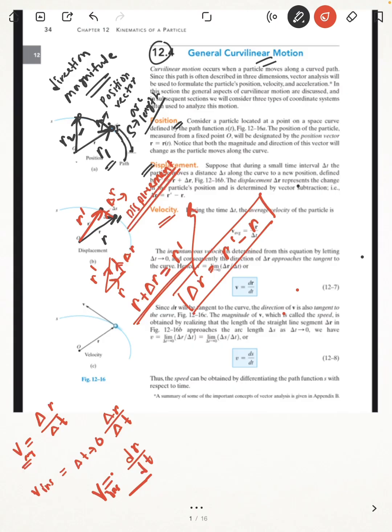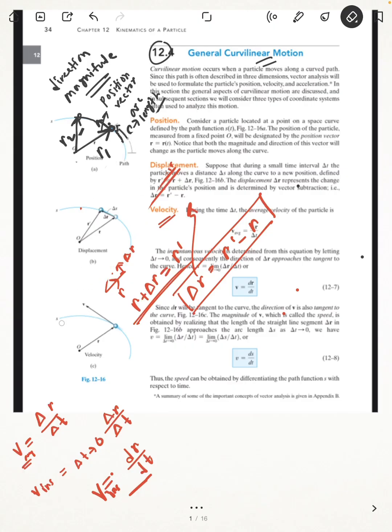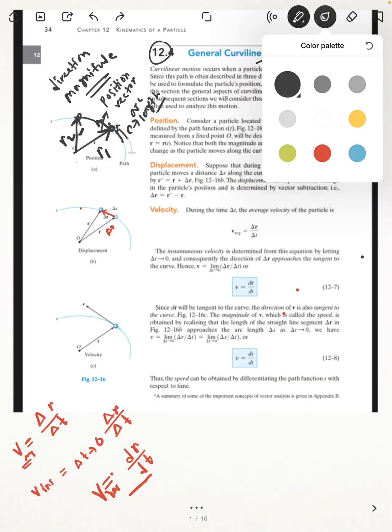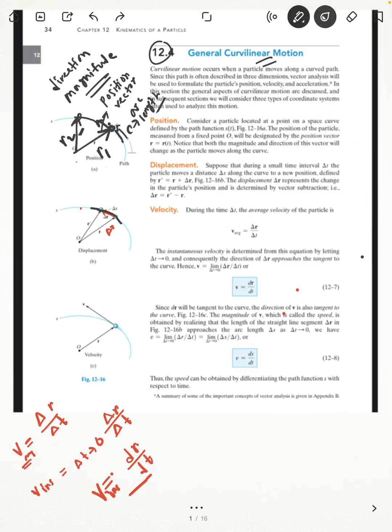Now there is another thing that is called the speed. To understand the speed, we have to look at this curve. This length is determined by del r. If I take another color and draw the line along this curve, the arc length is del s.